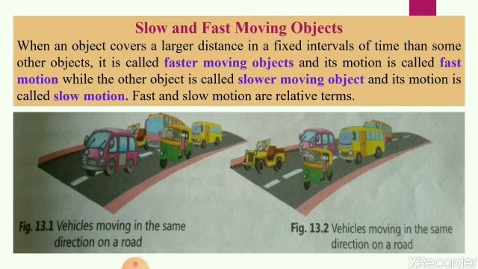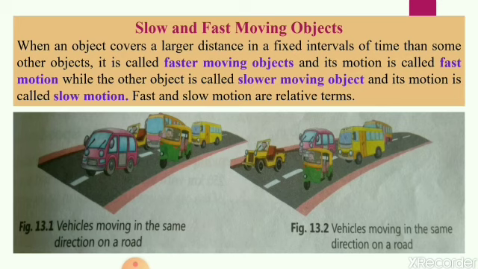Understood? It means bicycle takes a longer time, that is 20 minutes, to cover a distance of 4 kilometer, whereas a bus takes much shorter time, that is 5 minutes, to cover the same distance. It means we can say that bicycle moves slow whereas bus moves faster.